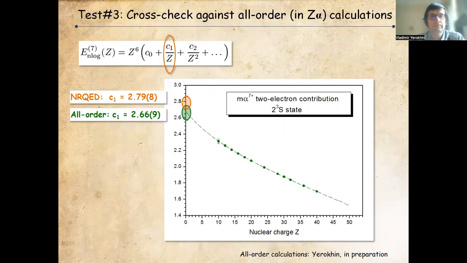And even more, we can cross-check the next coefficient of 1 over Z expansion against all other calculations which are performed by different methods. And here there is also consistency, but the accuracy is not very good, so it's not so conclusive.